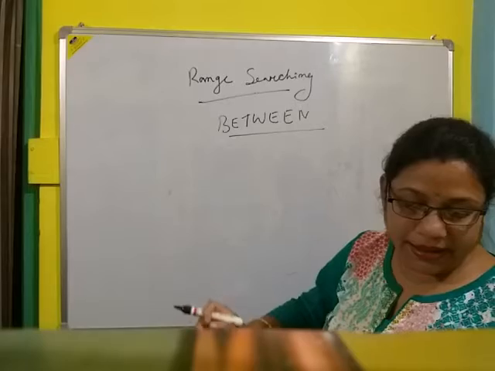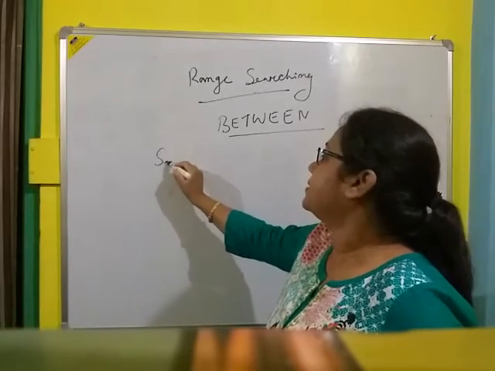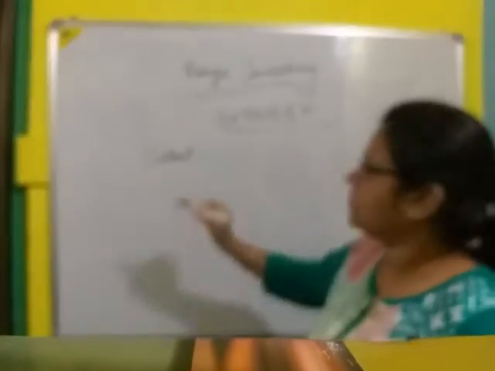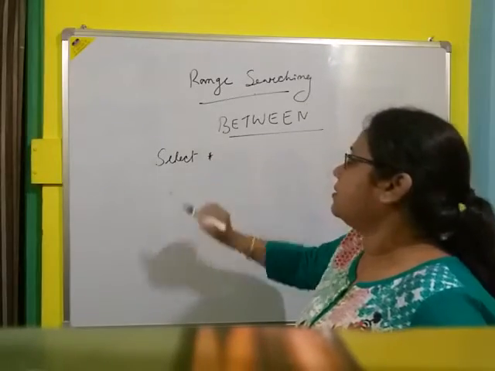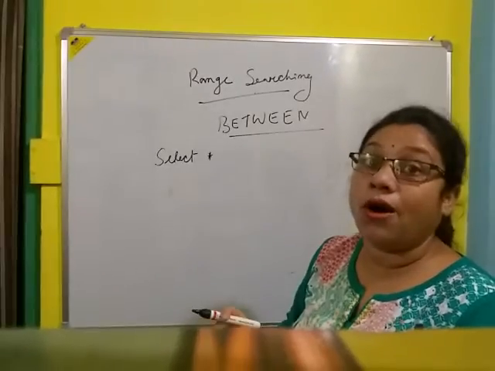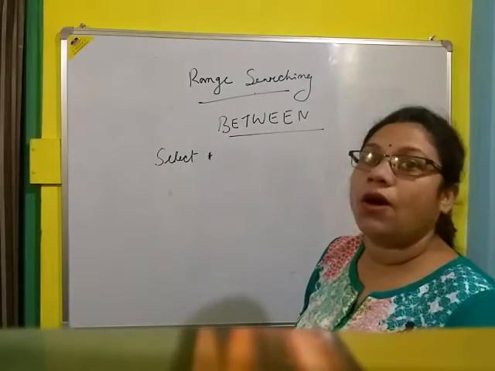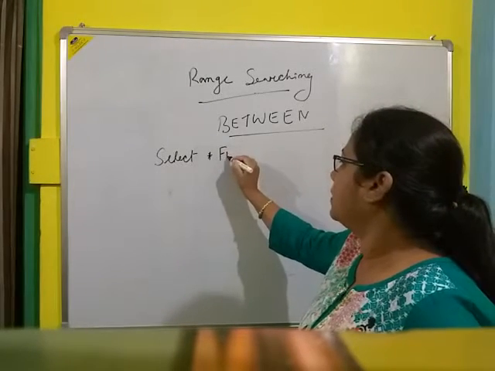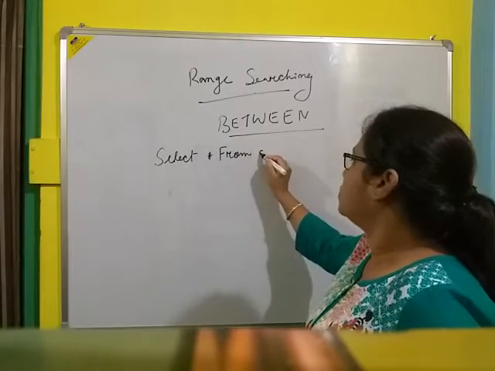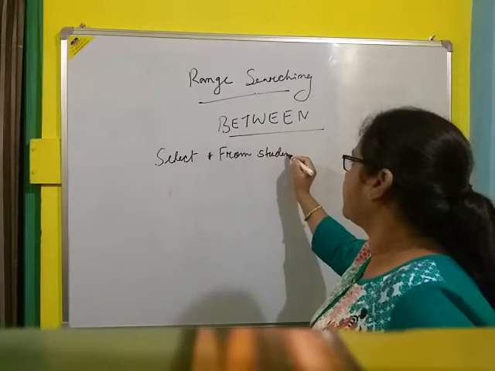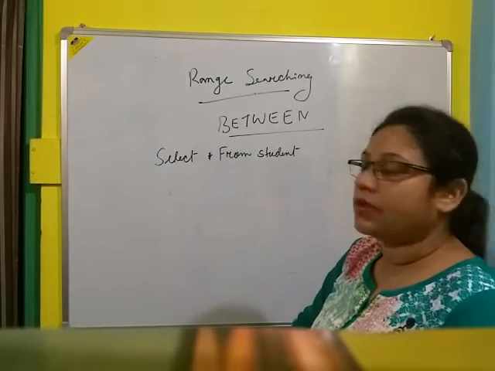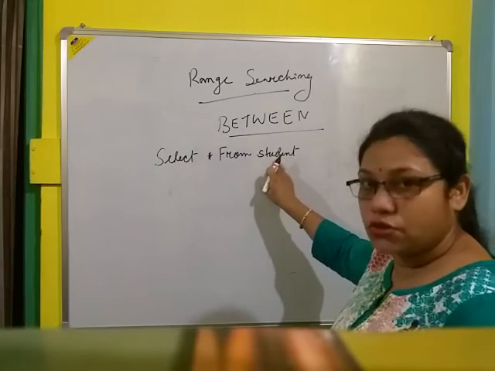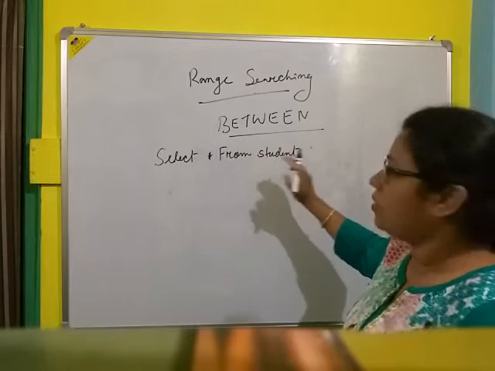For example, here I am going to write a SQL statement, that is select, this asterisk mark, which is used to select all. This is known as all. Select all from student. Select all from the table name. The table name is student. Okay.